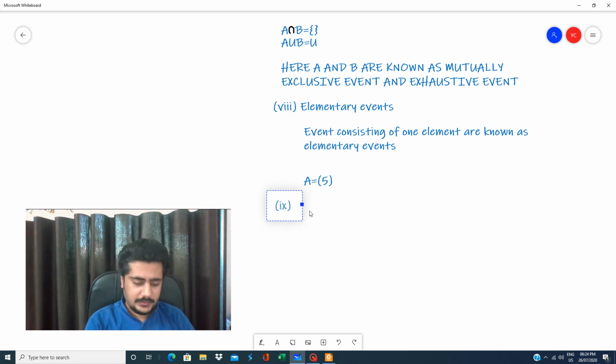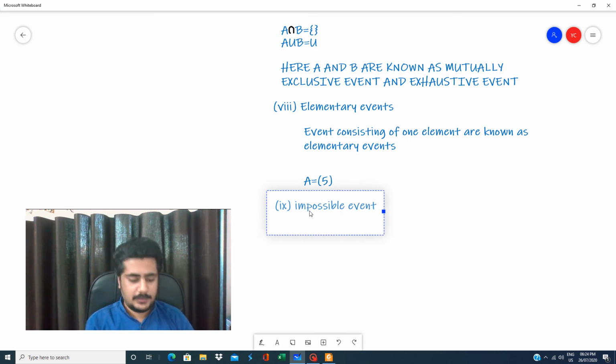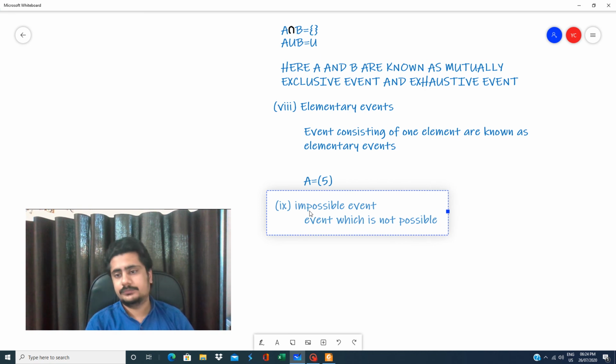Now the ninth event is impossible event. Impossible event means event which is not possible. You know, sun rises in east.